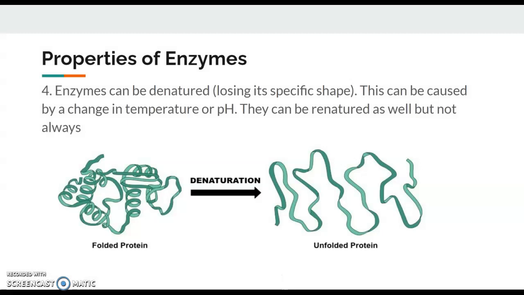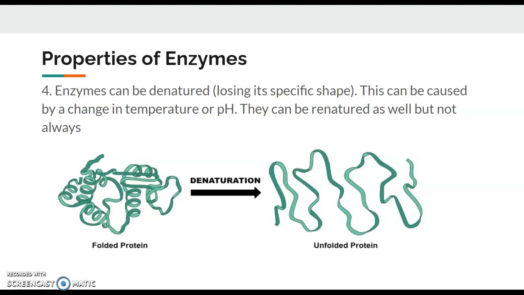Enzymes can be denatured. They can lose their specific shape, right? This can be caused by a change in temperature or pH. They can be renatured as well, but that doesn't always happen, right? So an enzyme usually has a three-dimensional shape, a tertiary structure, or maybe even a quaternary structure, and it's folded in a particular way.